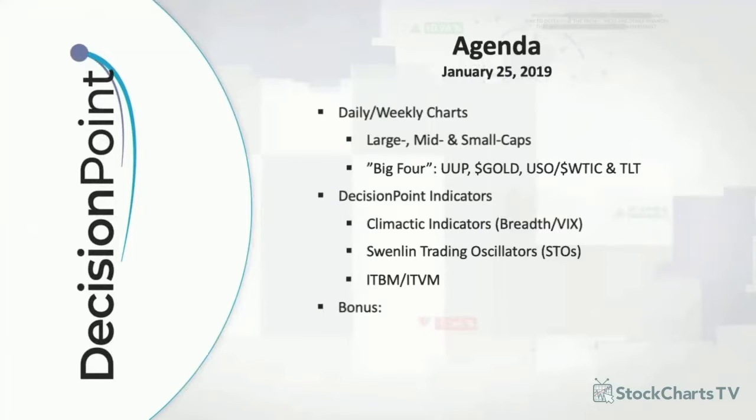For our bonus at the end of the show, Carl's got a chart of the NYA that is telling us some interesting things. And if we have a little time, I'm going to show you one or two sentiment charts, a little preview of what you'll see Monday on Market Watchers Live when I do the sentiment report.